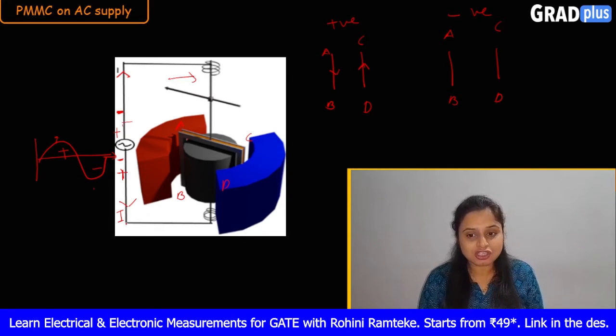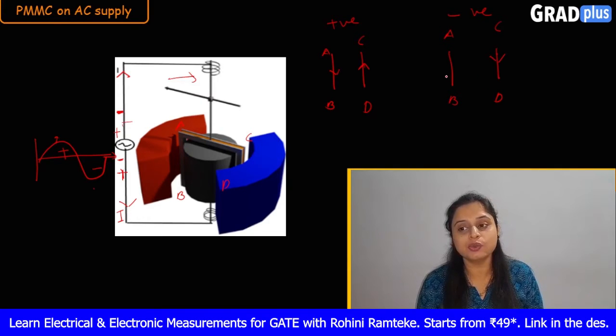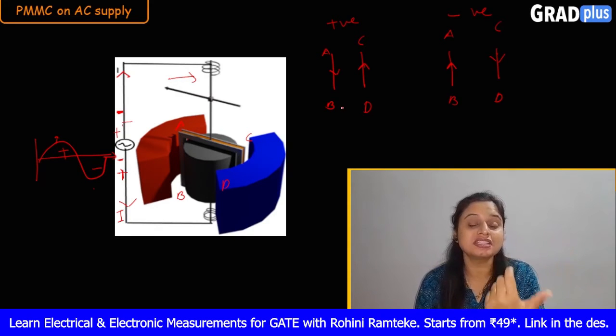Now as the direction of the current is changing, that means from CD the direction of current is downwards now, and from AB the direction of current is upwards now. Here you can see in positive half cycle and negative half cycle, the current which is flowing in the arms, the direction of that current starts reversing.